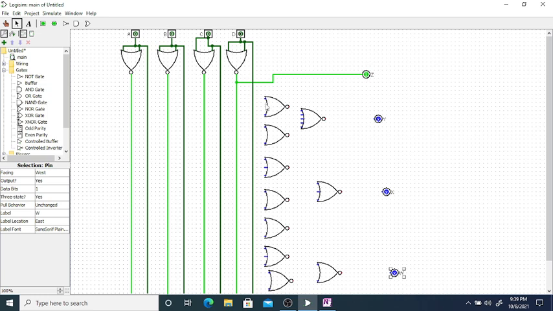Then next we will get C plus D bar, so this will be C plus D bar. Then next will be D bar plus C bar.